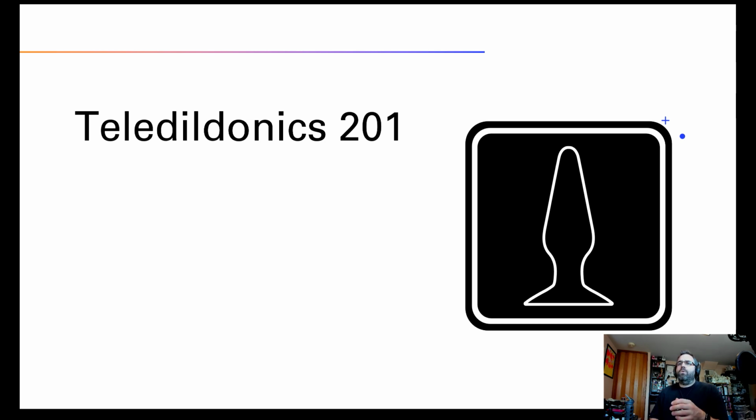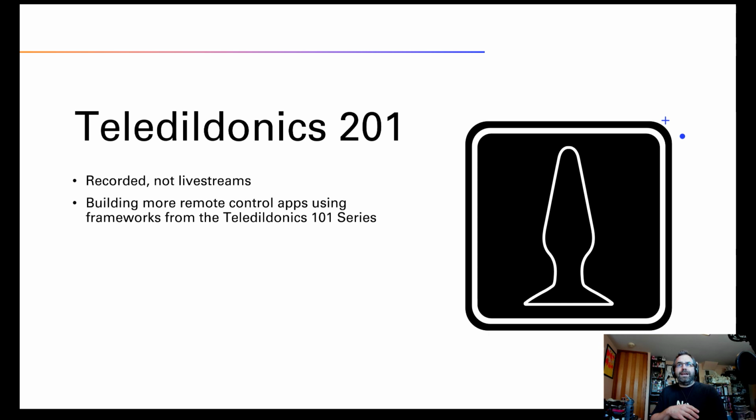Okay, so once this series is over, I'll be moving on to create a new series that I'm calling Teledildonics 201. So Teledildonics 201 is going to take everything I've done in this live stream and make new recorded sessions where I make new applications based on this framework that I've built. These will be both in JavaScript and in Rust.